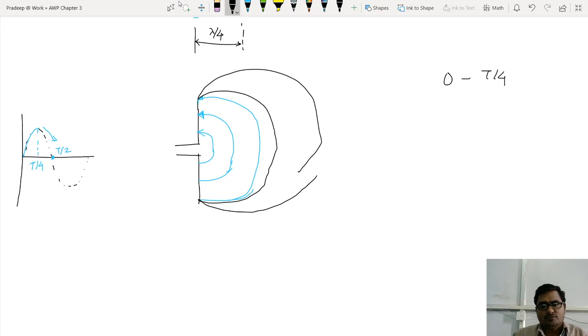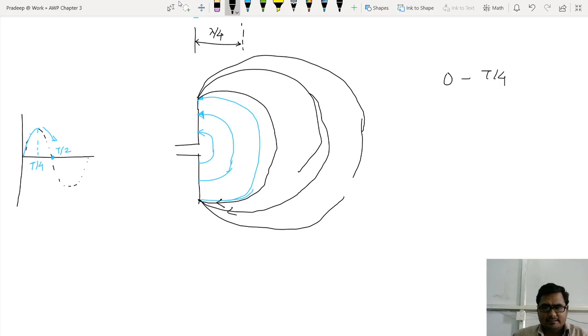Just because my drawing is not that good, and look at this, the direction will remain the same. Here also I have the same direction. Yes, the direction will remain the same as it is. So this is the view.